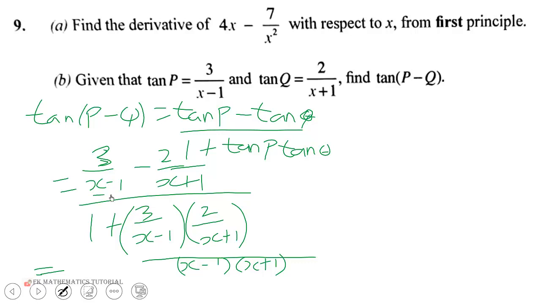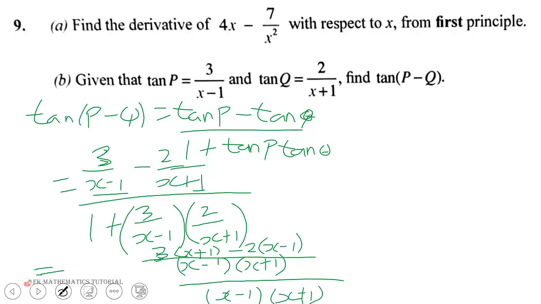So x minus 1 goes here, x plus 1, so 3 into x plus 1, then minus x plus 1 comes here, x minus 1 times, so we have 2 into x minus 1, divided by, or all over, so we have LCM at the denominator, which is x minus 1, x plus 1.